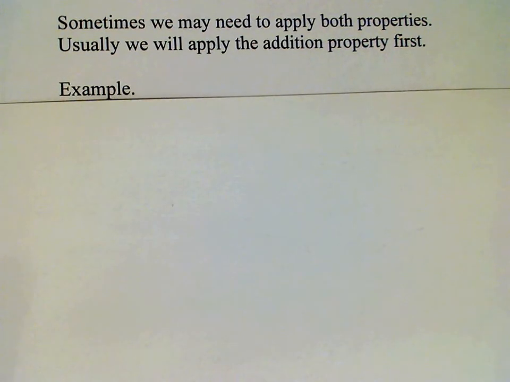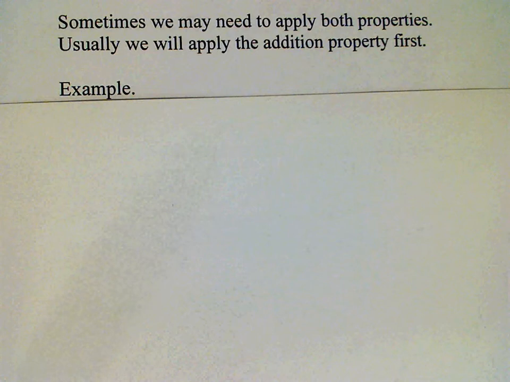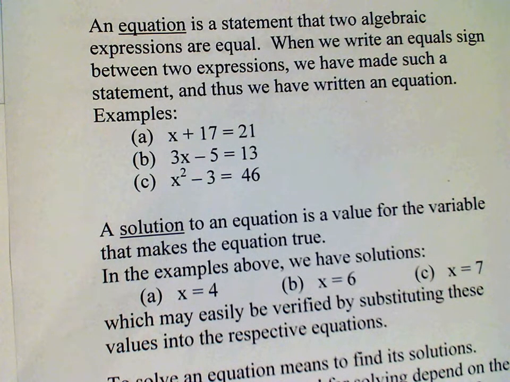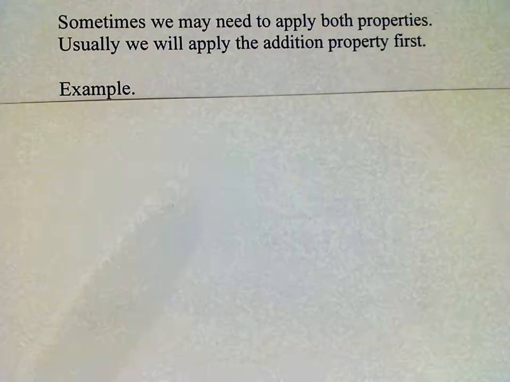So, as an example, let's go back to example B in the first video in this section. 3x minus 5 equals 13.